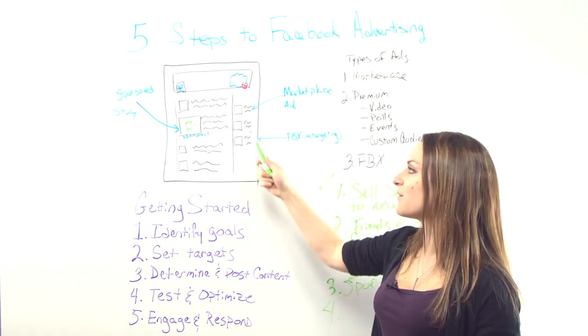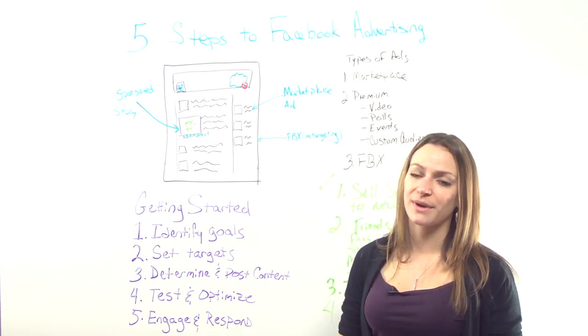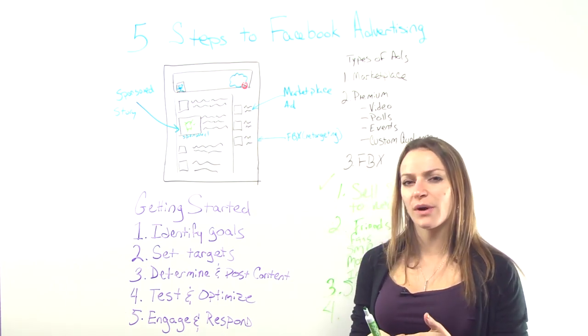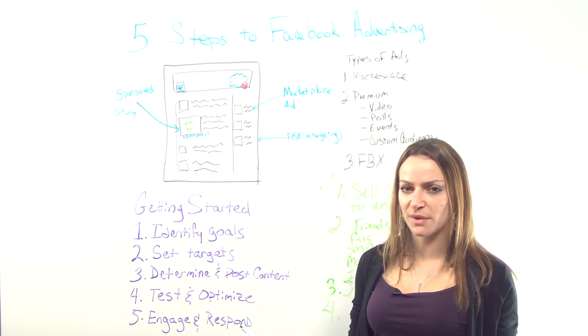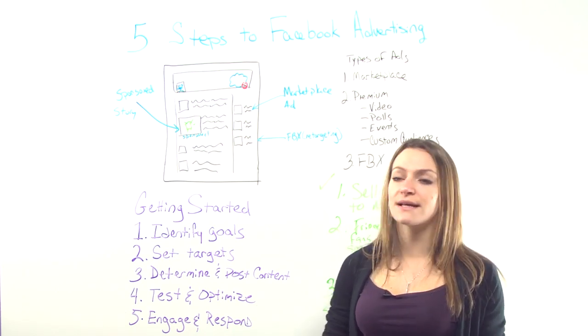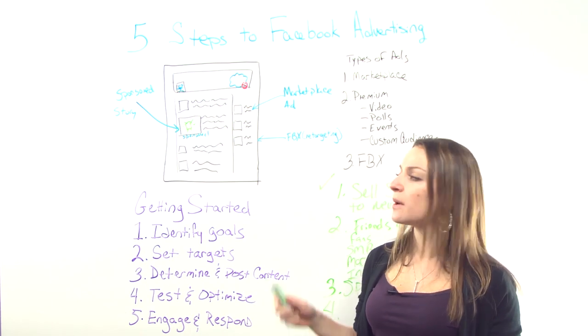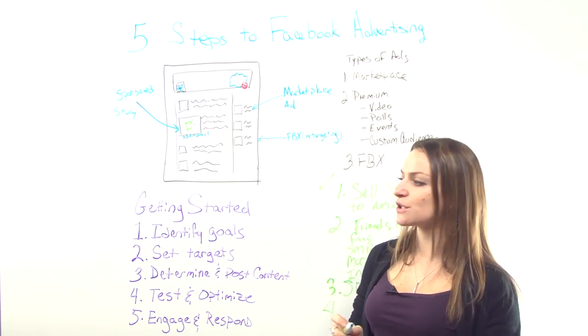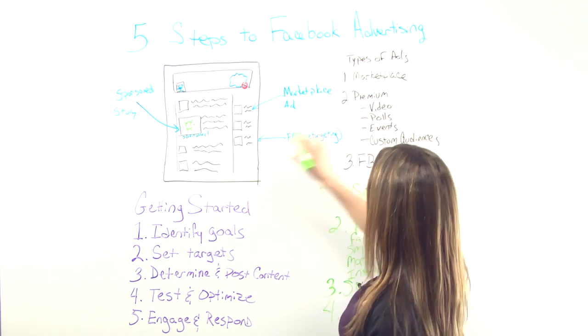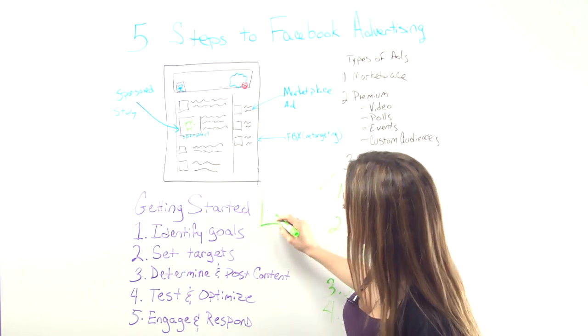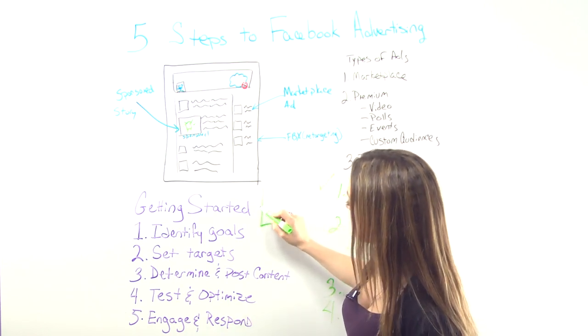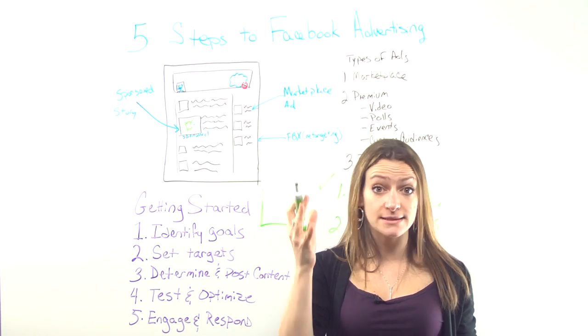Start to rotate out the image, start to rotate out your copy. Depending on how much advertising you're doing and the size of your budget, it could be as little as 2 days. You might be able to get away with a week or two, but as long as you're monitoring results, you'll start to see performance. Let's say you're tracking leads.